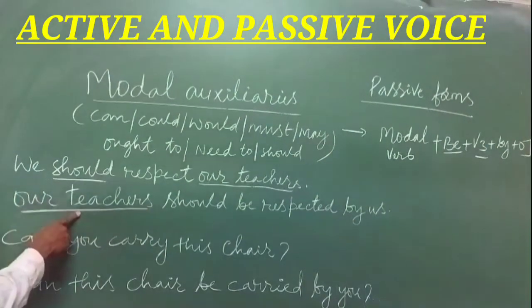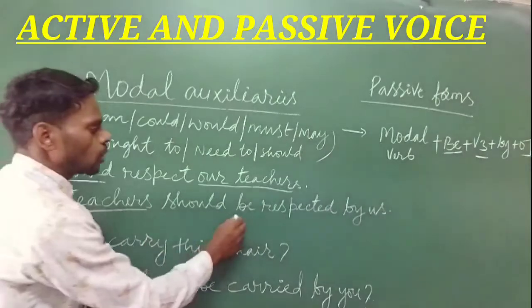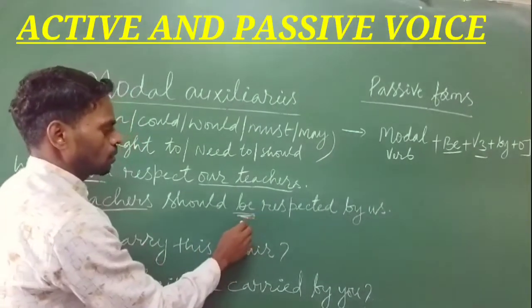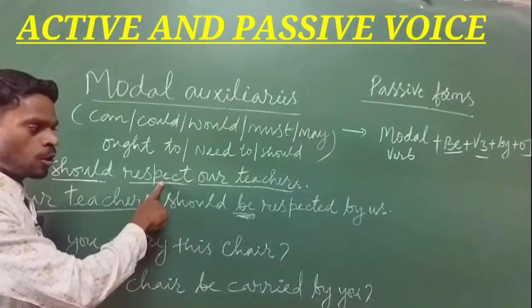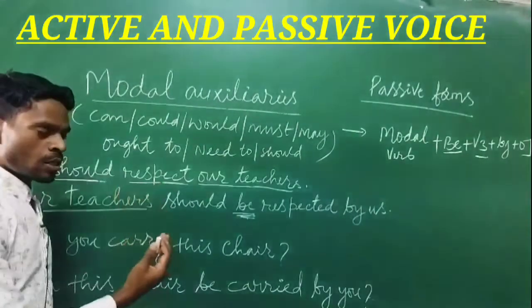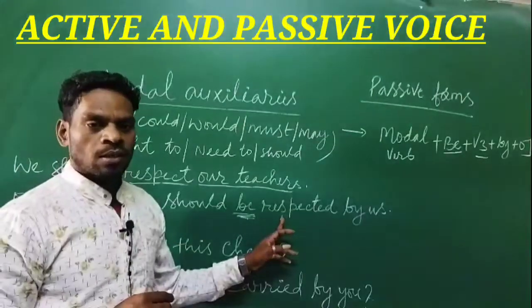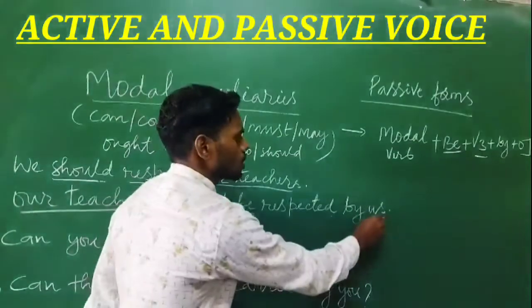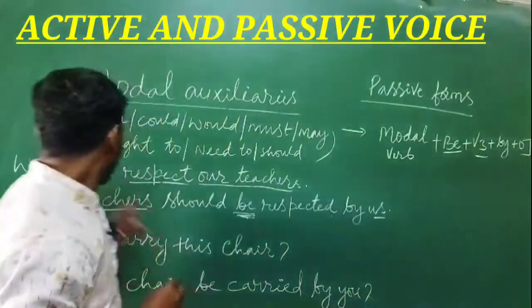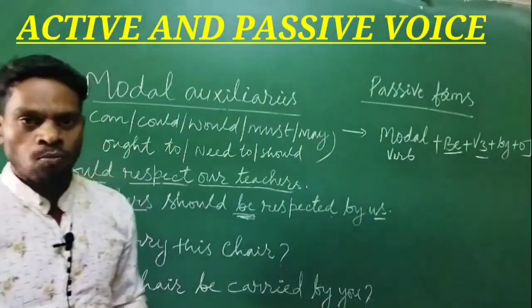So our teachers, then should, then you have to add be. Then respect is the main verb, so in passive voice it will change into verb 3, the third form of the verb. So it will be respected by us. So we changes into us in the passive form.